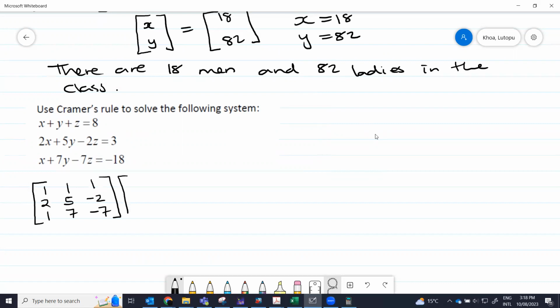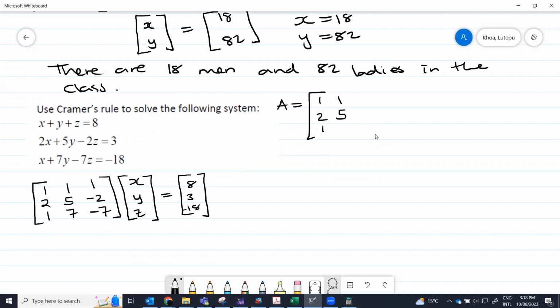Then here we have X, Y, Z, which is equal to 8, 3, minus 18. So you form your three matrices. A is 1, 2, 1, 1, 5, 7, 1, minus 2, minus 7.